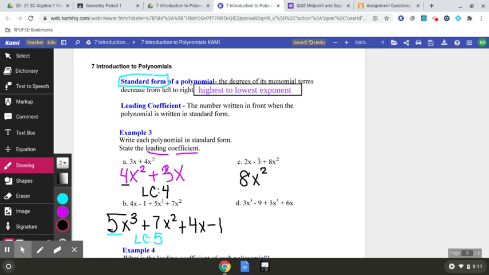After the squared, it would just be the 2x because that has an exponent of 1, right? So it's going down. And then the next one would be a -3. So now I'm in standard form. I have a 2, I have a 1, and then I have nothing. So now my leading coefficient would just be the number that's leading in the front, which in this case would be 8.